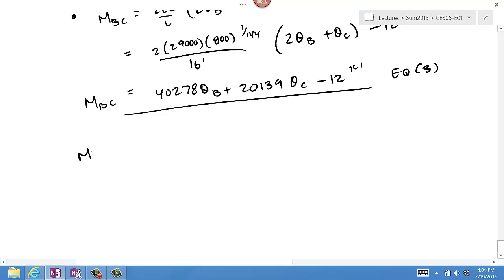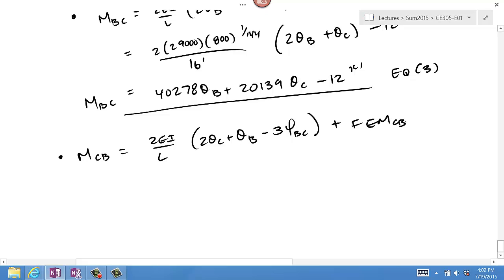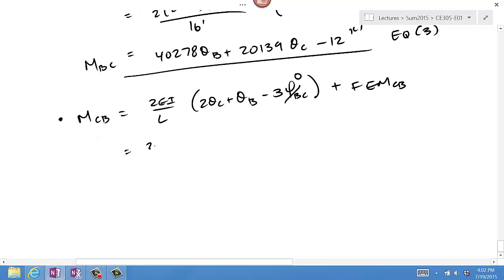We have to write out a separate equation for MCB. General case again, 2EI over L, 2 theta C plus theta B minus 3 psi. There's only one psi per span, so that's span BC, plus fixed end moment CB. So psi BC is 0. This is 2 times 29,000, and then the unit conversion, 1 over 144, divide by the length.